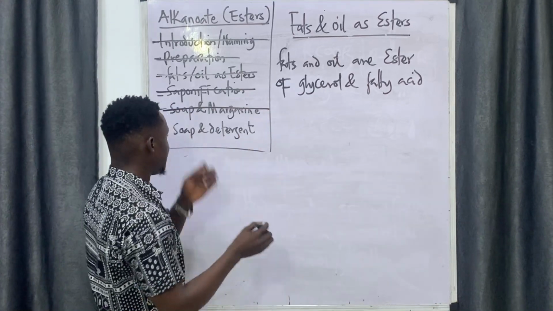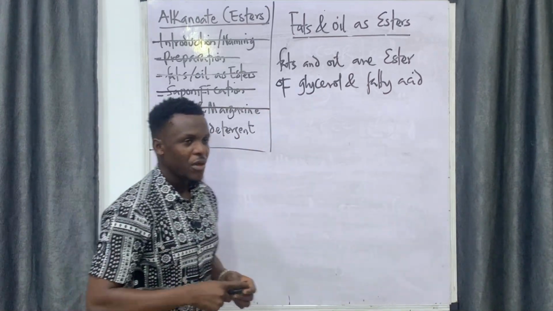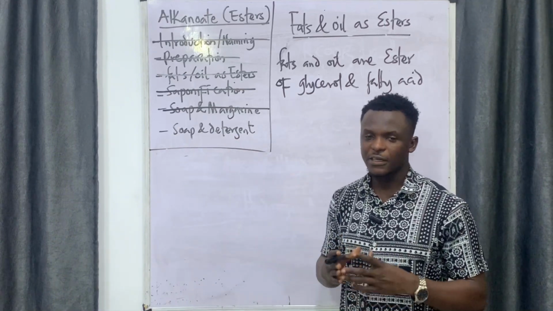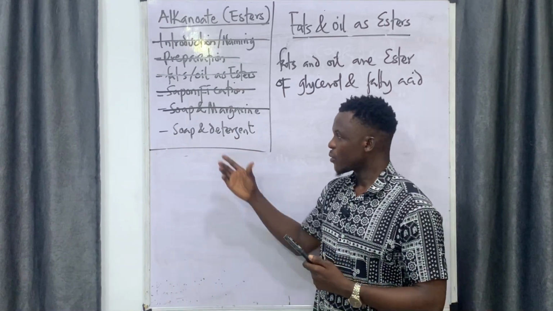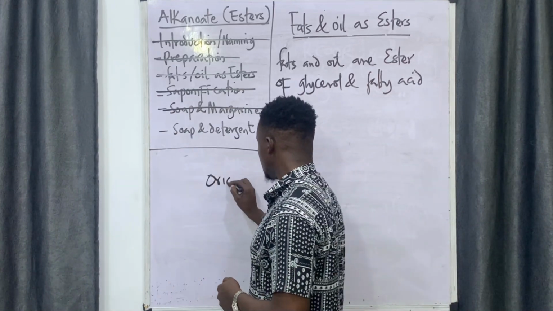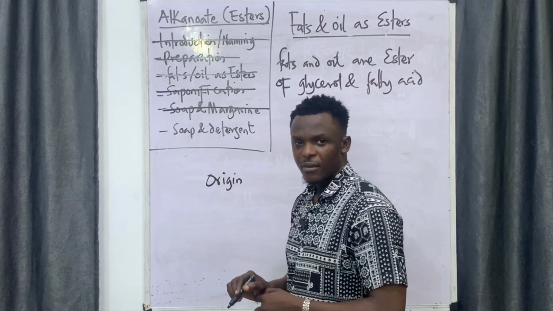Now we have the last guy, soap and detergent. Obviously, we both know that these two are used for cleansing purposes, but we need to be able to differentiate between the two of them. The first thing, we'll need to know their origin, right?